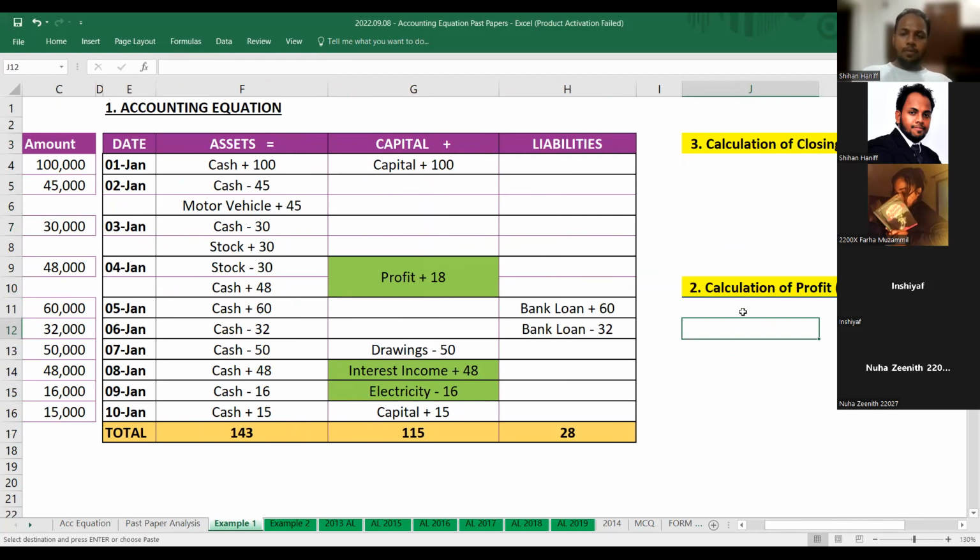Can you all tell me how much is the profit? How much is the total profit? The net profit. What is the net profit of this business?